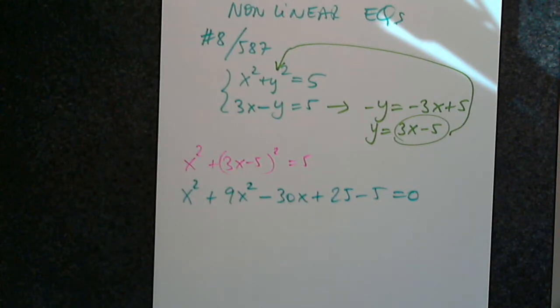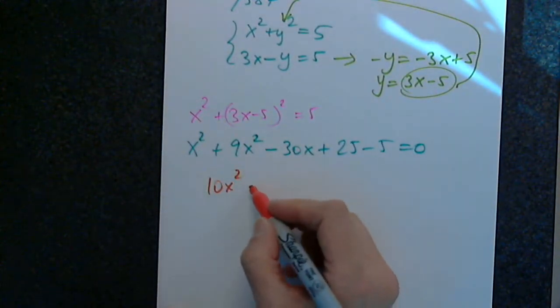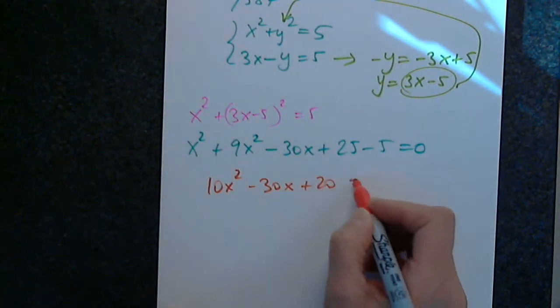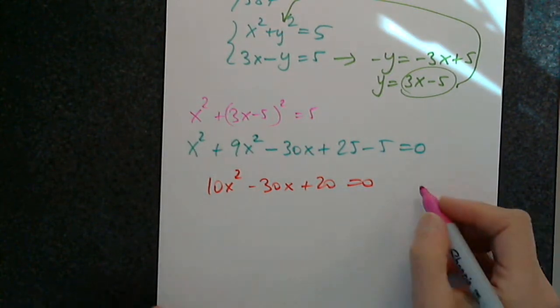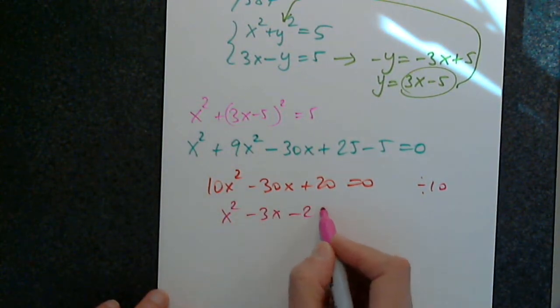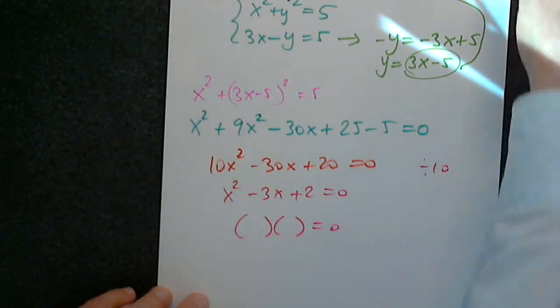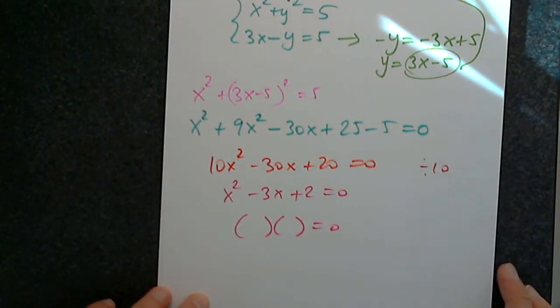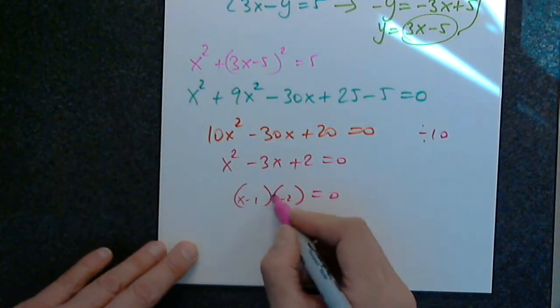So how do we proceed? 10x squared minus 30x plus 20 equals 0. We always try to clean up everything, and this can be cleaned up. How? Divide by 10. Very good. Then we have x squared minus 3x plus 2 equals 0, and this should not take long. x minus 1 and x minus 2.